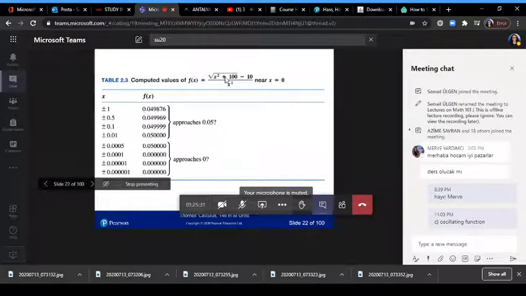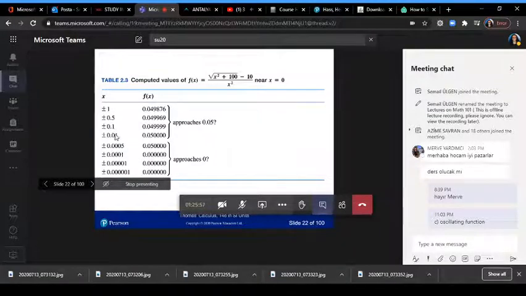You can consider this as the function square root of x squared plus 100, and then you are interested in finding the slope, which is f of x plus h minus f of x over h, right?